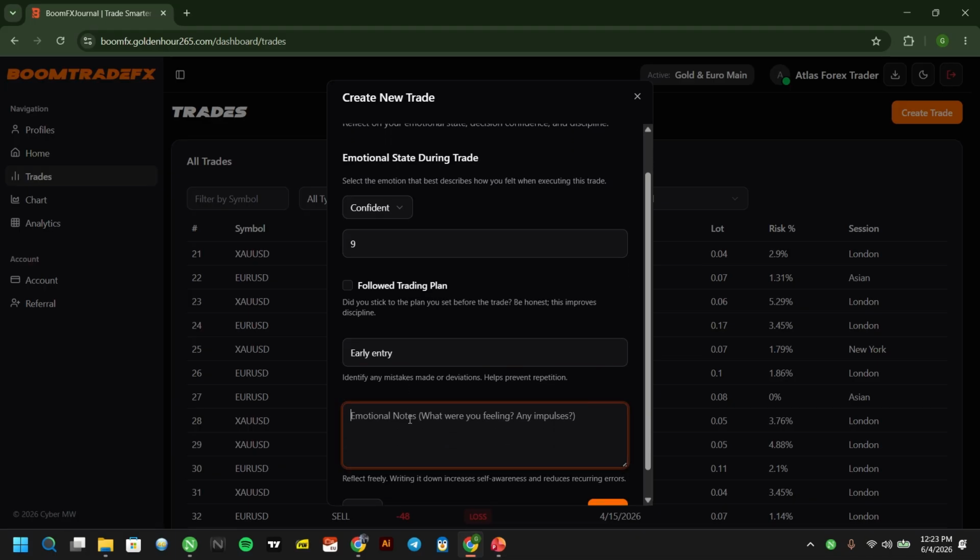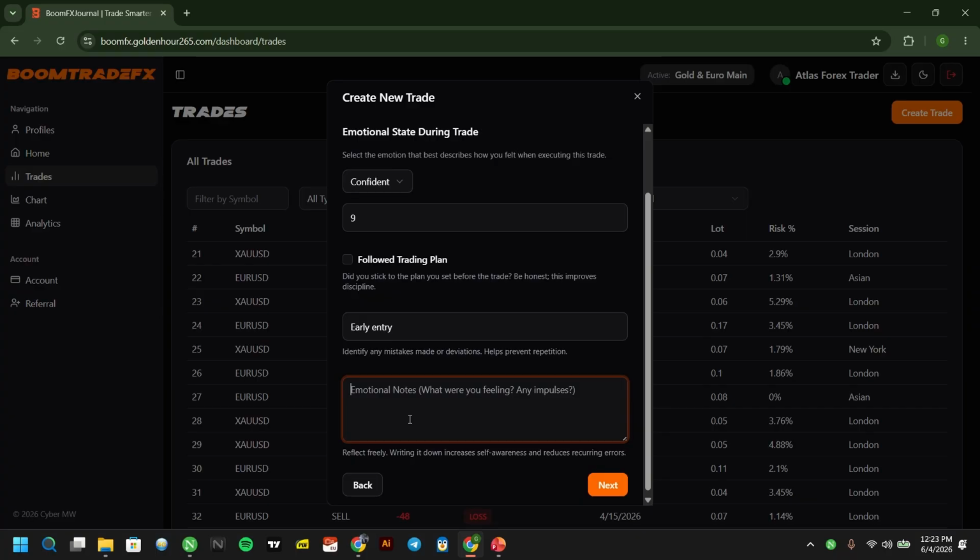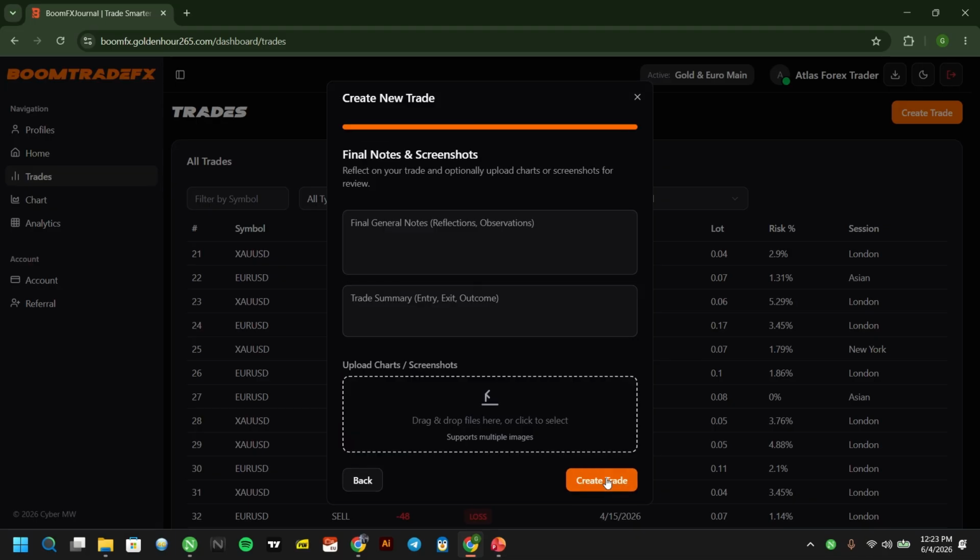You can also add some emotional notes, anything that you were feeling. Let's say I was in a rush. Then we can click on next, and finally we can add final notes and screenshots. Essentially any general notes of that particular trade go in the trade summary.